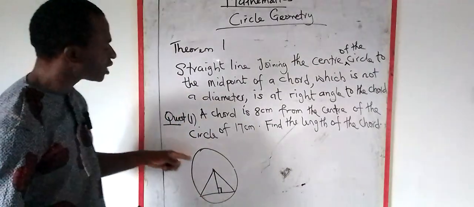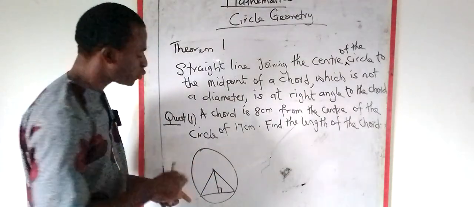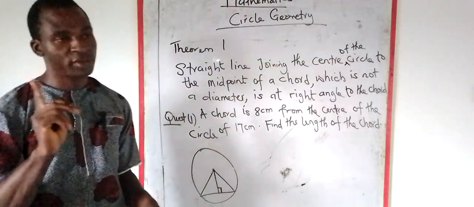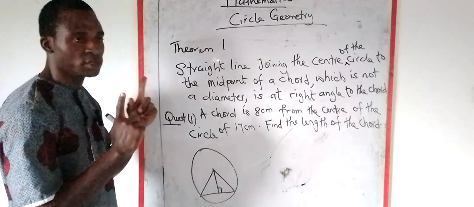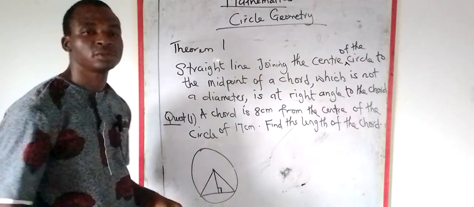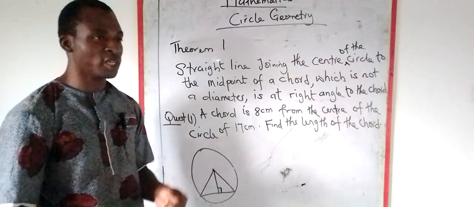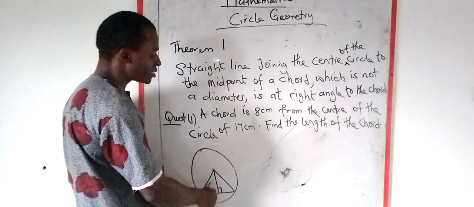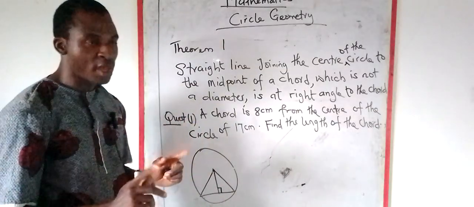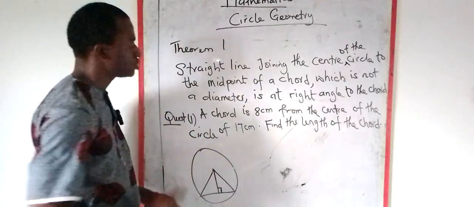The straight line from the center of the circle, number one, divides the chord into 2 equal halves. It's two laws in one. Number two, it is at right angles to the chord. If you check, there is a way they restate the law in the textbook. Go and check it there. It divides the chord into 2 equal halves, and it's also at right angle to the chord.